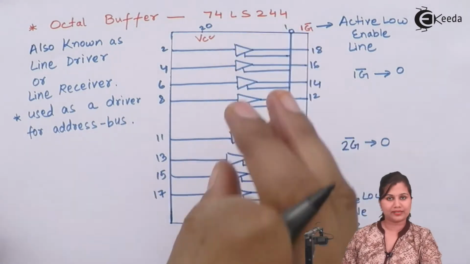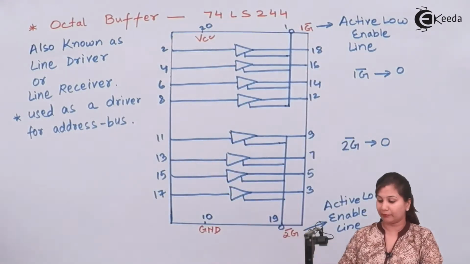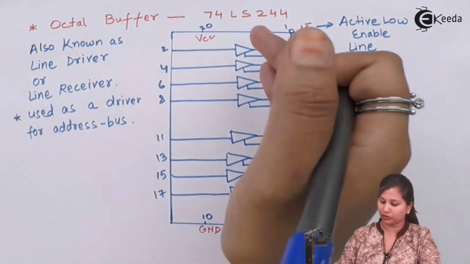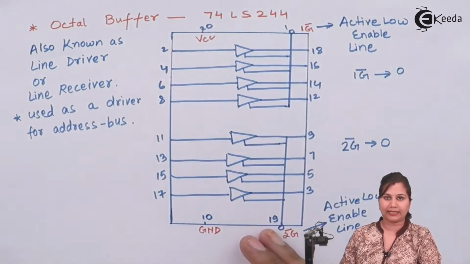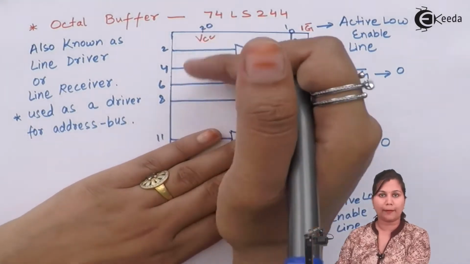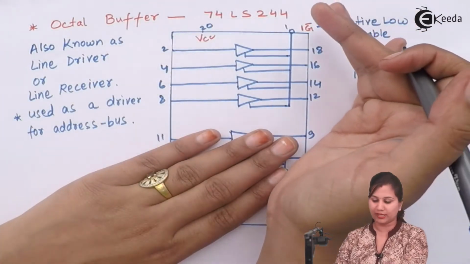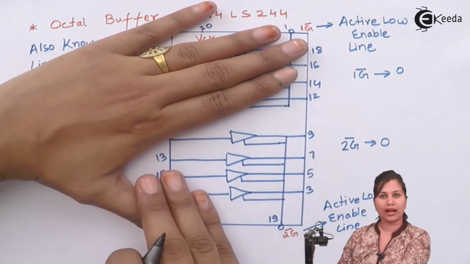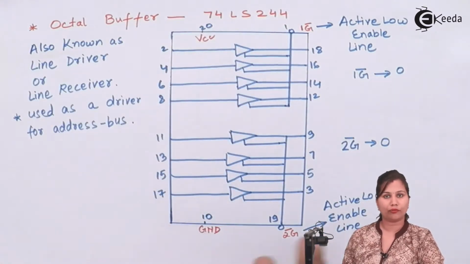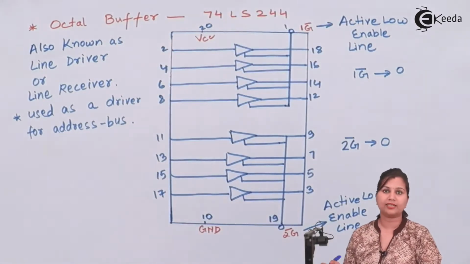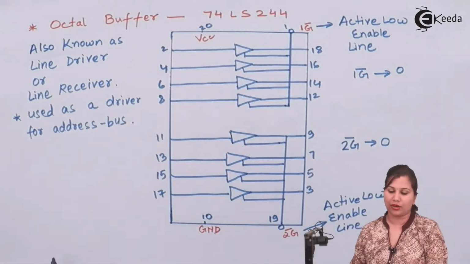So 4 bits can be transferred, and simultaneously 8-bit data can also be transferred if all the 8 buffers are activated. If the upper 4 are activated, then 4-bit data will be transferred. If the lower 4 are activated, then also 4-bit data will be transferred, and if all the 8 are activated, then 8-bit data will be transferred.